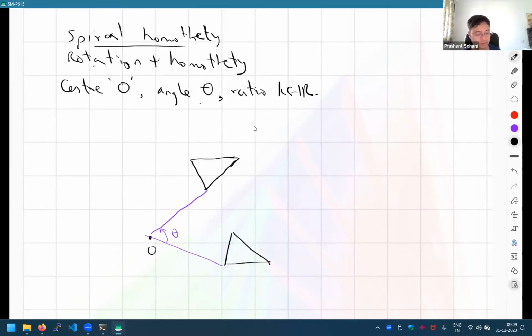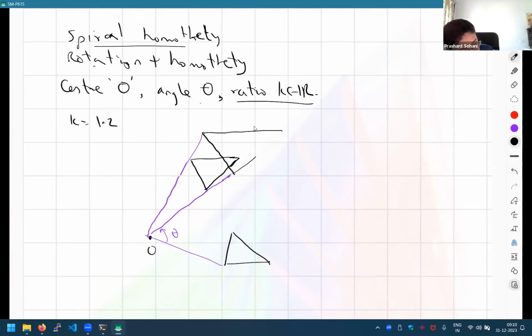And after that, you apply the homothety of ratio k. Let us say that k is greater than 1, let us say k is 1.2. So we'll be roughly dilating the size of your object by the ratio 1.2, maybe something like this. So that is all that is there in spiral homothety.